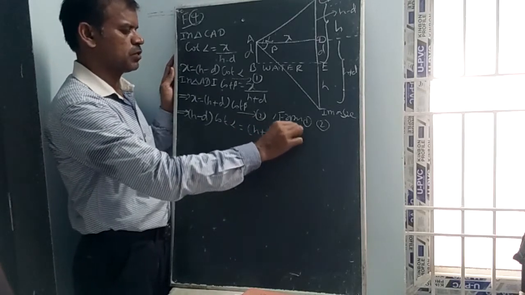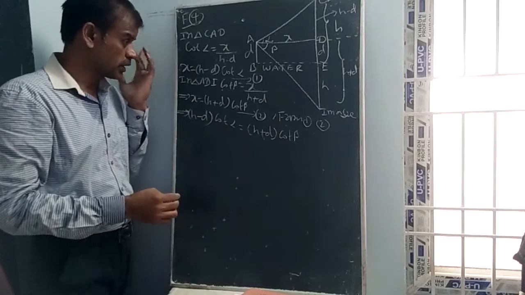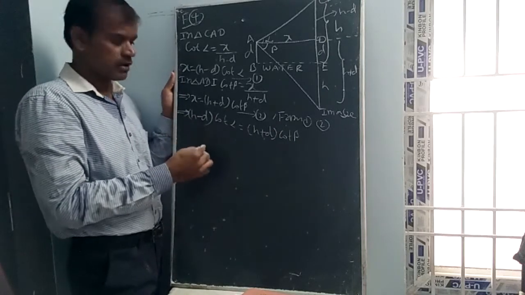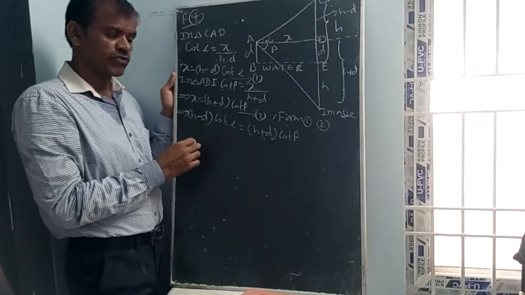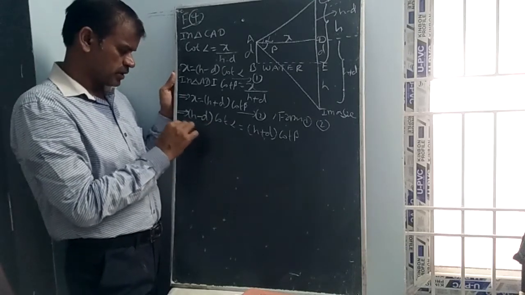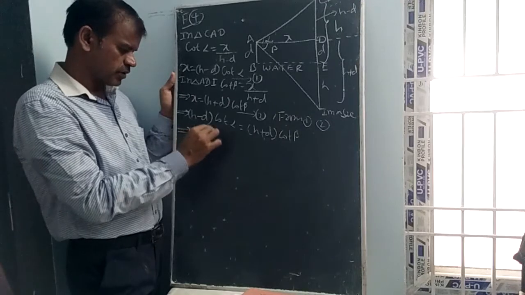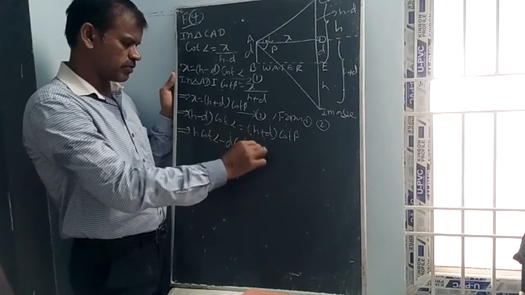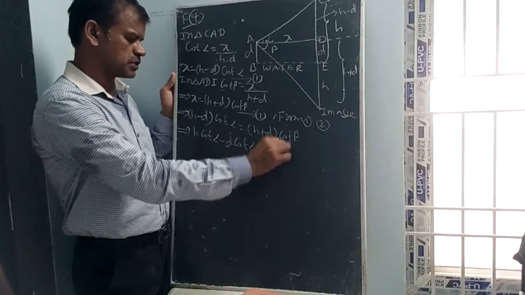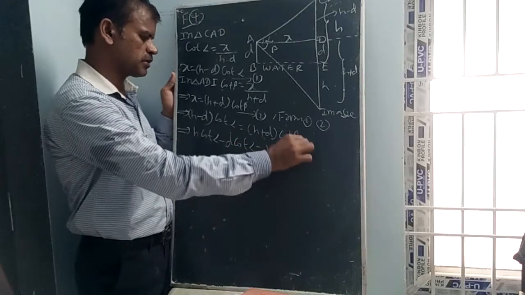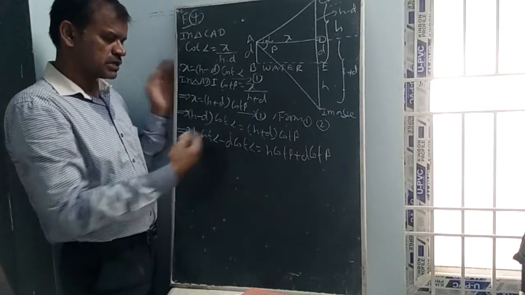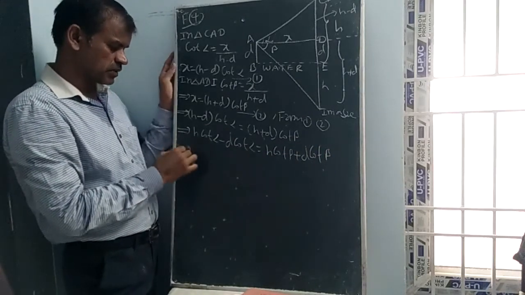This is a conceptual important question. Once upon a time, this was an important 7 marks and 8 marks question in the previous IPE. H minus d into cot alpha equals h plus d into cot beta. That implies h cot alpha minus d cot alpha equals h cot beta plus d cot beta. Let us consider h terms on one side and d terms on the other side.